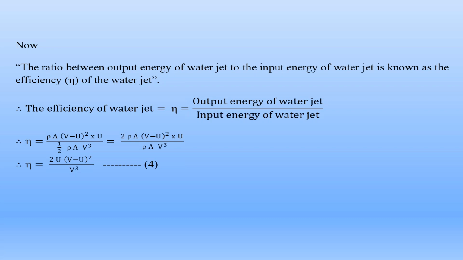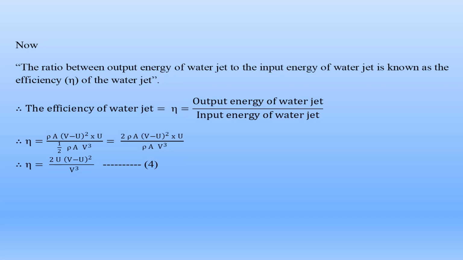Equation 4 gives the efficiency of the water jet in this impact. So here we are discussing the impact of a horizontal water jet on a vertical moving flat plate in the direction of the water jet. First we discussed the equation for force Fx.